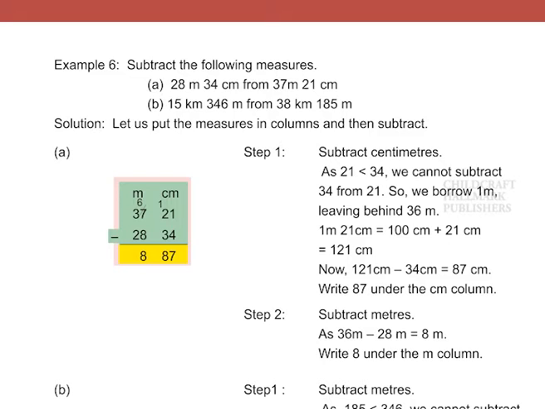Now 121 centimeters minus 34 centimeters is equal to 87 centimeters. Write 87 under the centimeter column. Step 2. Subtract meters. 36 meters minus 28 meters is equal to 8 meters. Write 8 under the meter column.